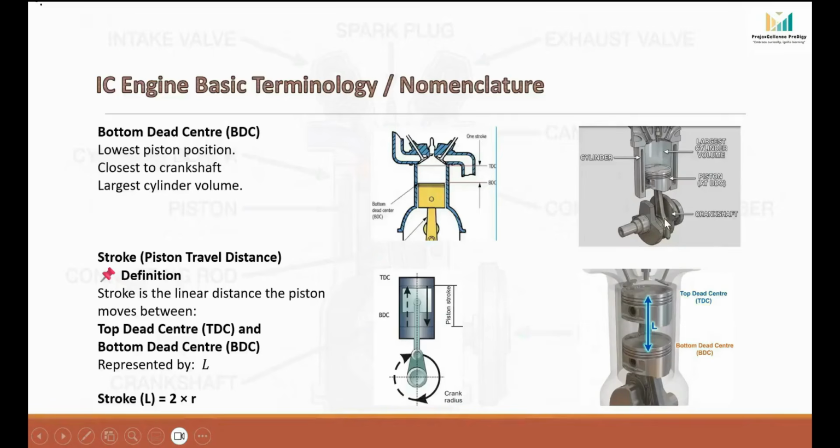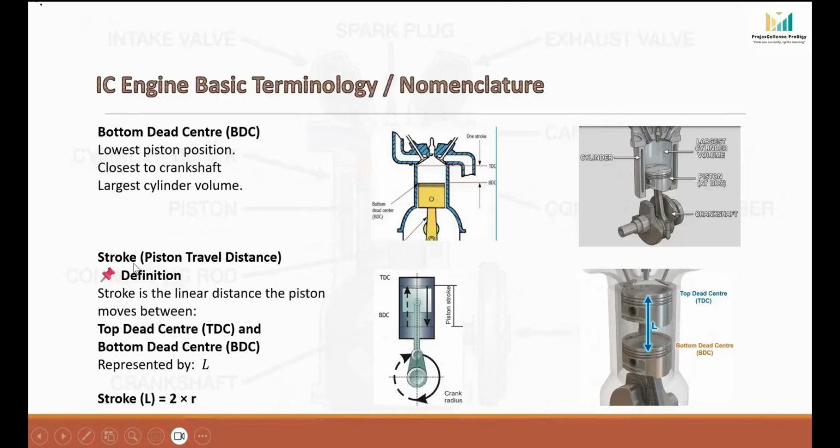Here, the distance between piston and crankshaft center is minimum. That's why piston is closest to the crankshaft at BDC. And if we see here, the space above the piston is maximum. This includes both swept volume and clearance volume. So BDC represents the largest volume inside the cylinder.